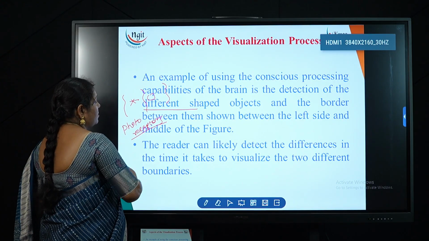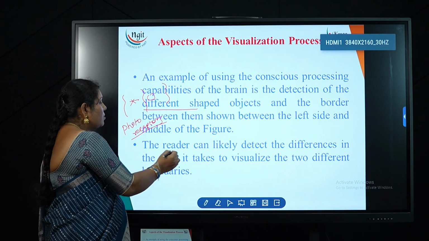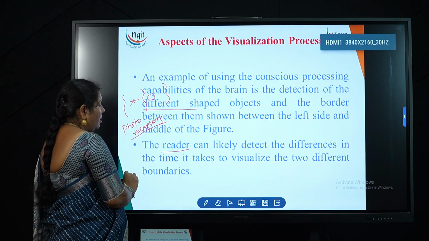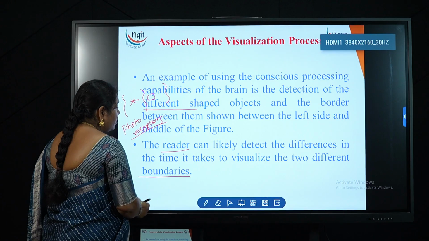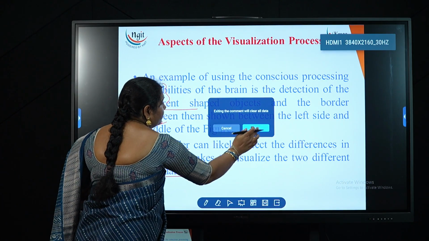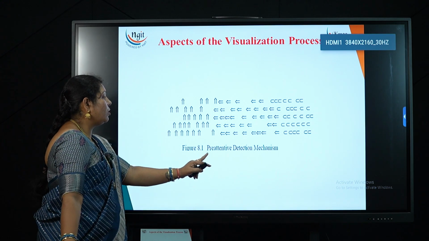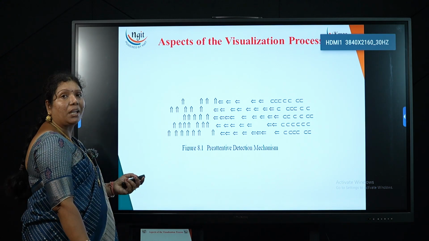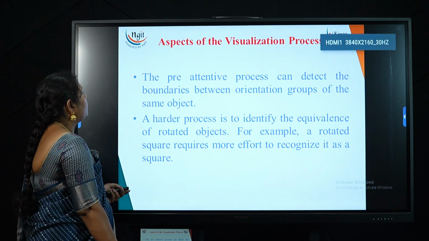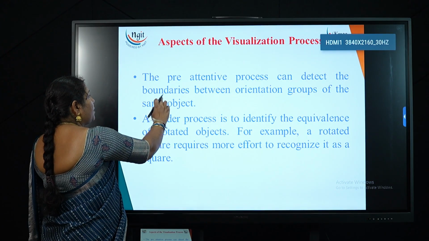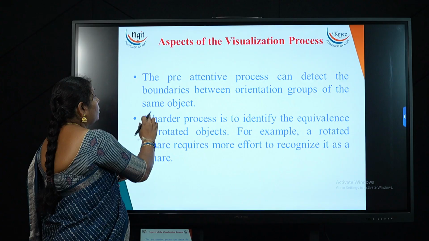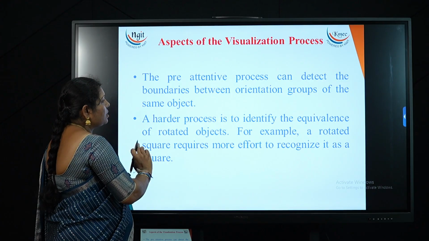The reader can also identify these things. And what are the visualization boundaries over here? This is an example, and this mechanism is called the pre-attentive detection mechanism. This is a process where you identify the boundaries between groups of figures in the same object.